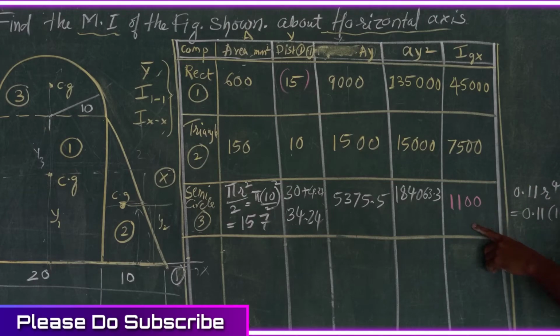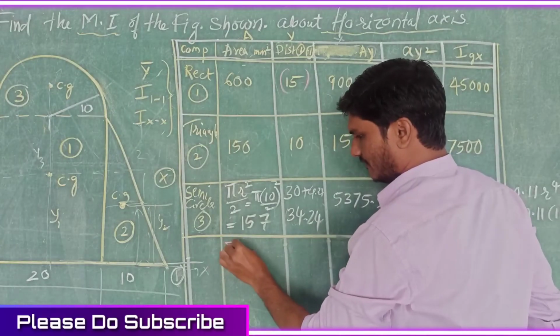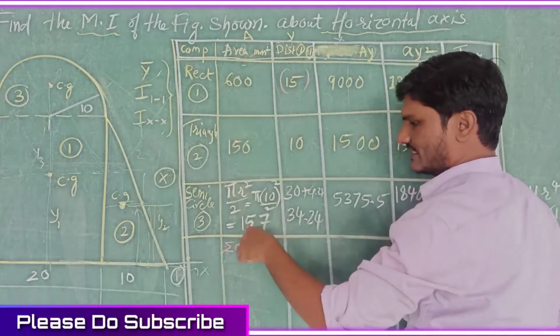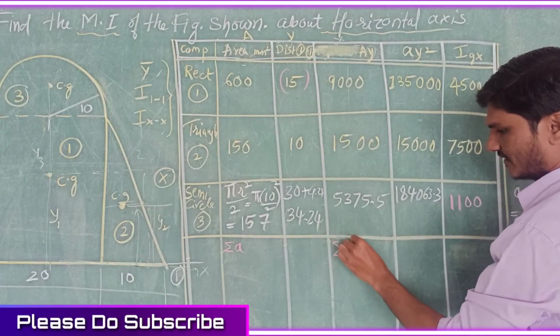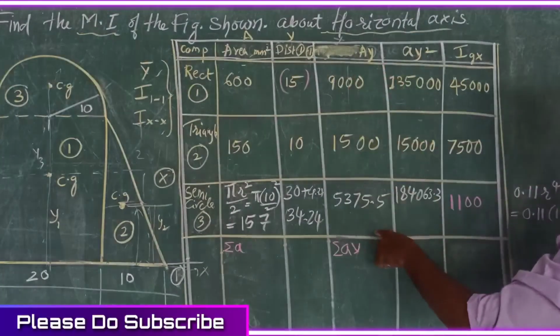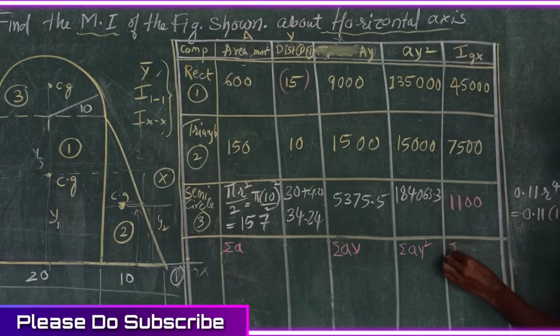Now after that let us calculate the sum of area. First you add all these areas, and also the sum of ay, then the sum of a y square, and this is the sum of the moment of inertia along the x-axis.